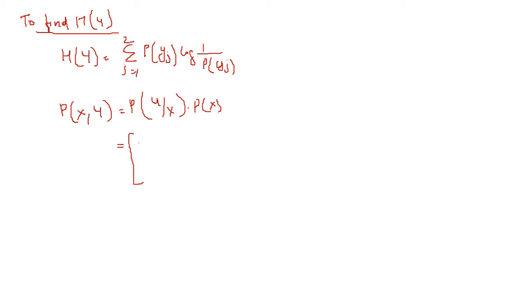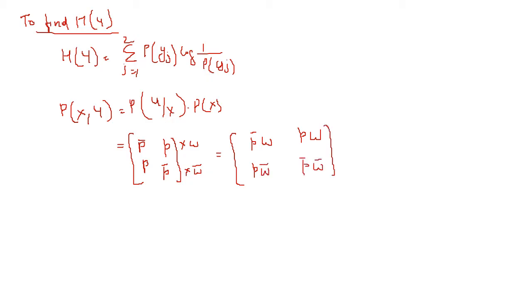So P of y by x is nothing but p bar, p and p bar from the channel diagram, and P of x1 we have assumed as W and P of x2 is W bar. So we'll just try to multiply this. Finally we are going to get p bar W, p W, p W bar, p bar W bar as your joint probability matrix.